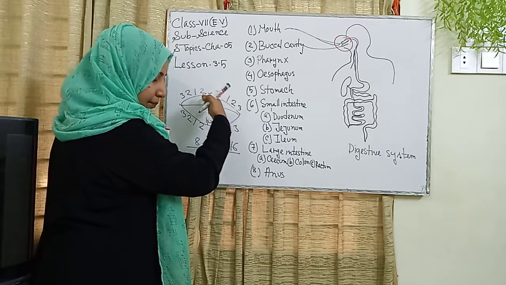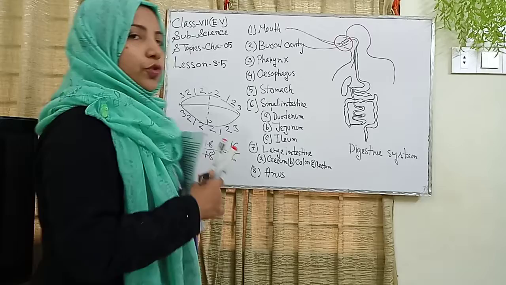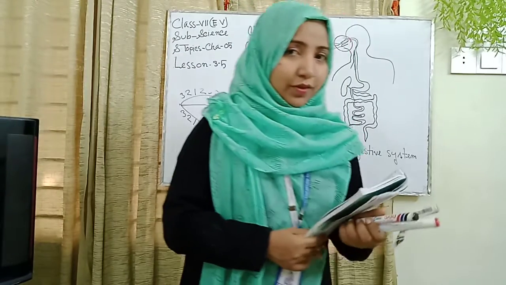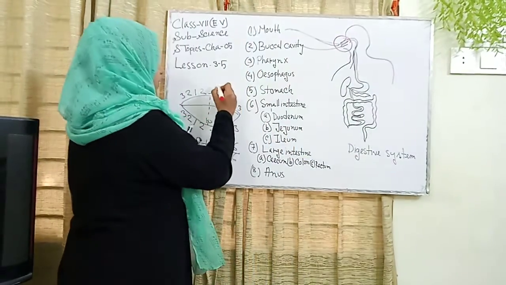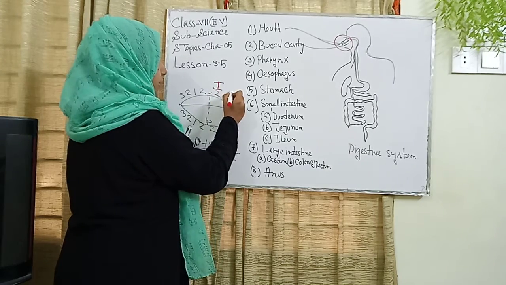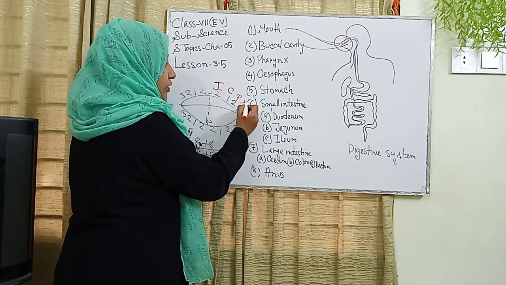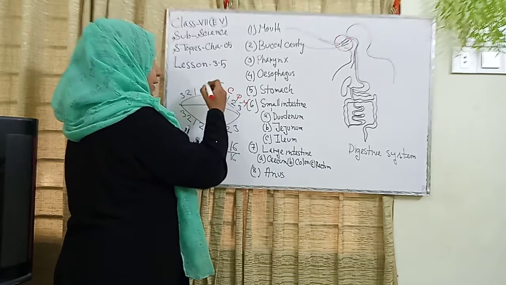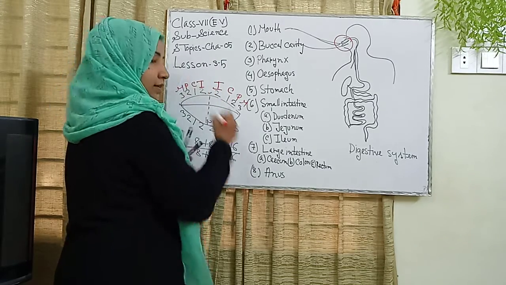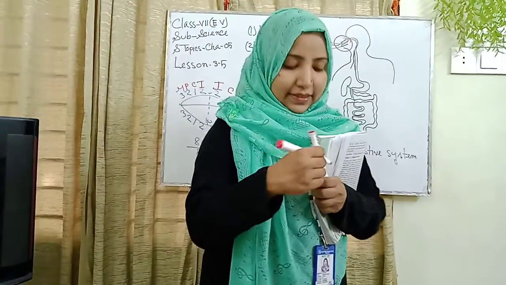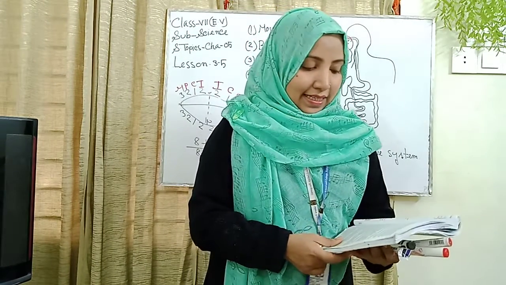Here the total teeth is 32. Their names: first is incisor, another is canine, third is premolar, and fourth is molar. Do you understand? This is the total teeth structure.